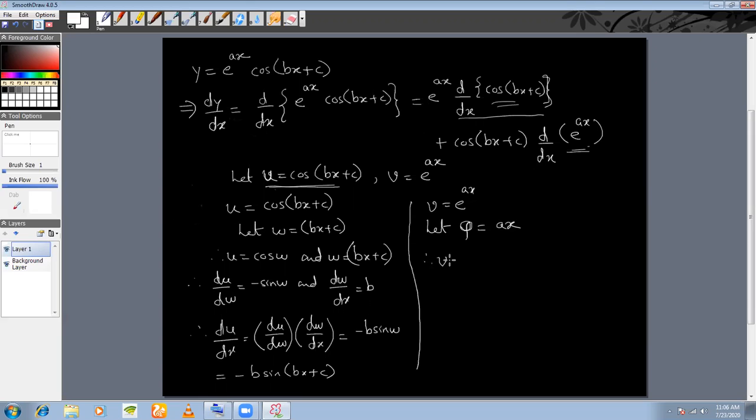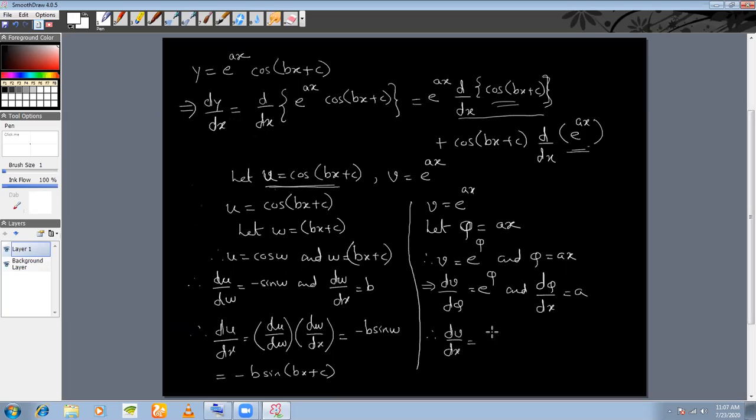So therefore v becomes e to the power of phi, and phi is equal to ax. So now we differentiate: dv d phi is e to the power of phi only, and d phi dx is a. So therefore what is dv dx?